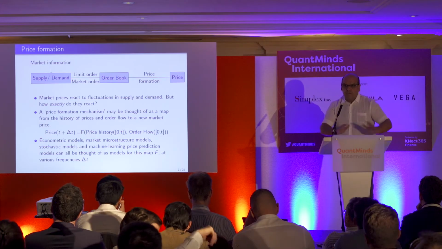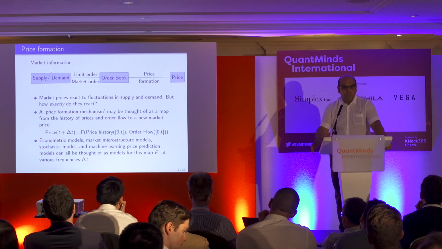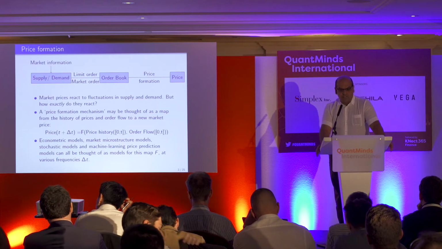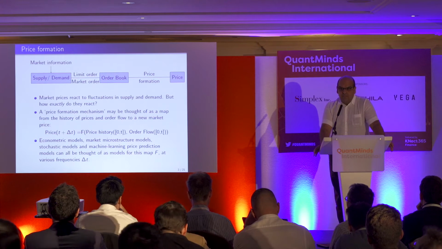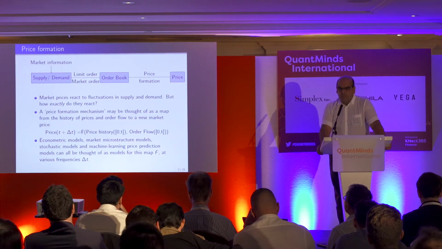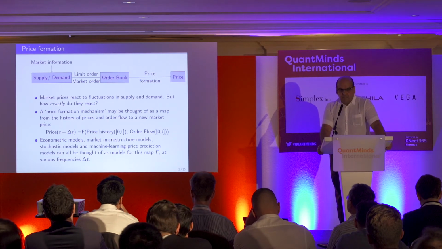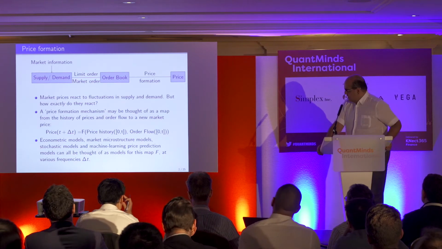Suppose that you know the limit order book, which is the supply and demand curve instantaneously in some market, and suppose you know the entire history of the limit order book up to that point. Can you predict something interesting about the next price move? That's the simplest question that you could ask in terms of price formation. Intuitively, yes. Intuitively, all this information should help you do a good prediction, but it appears extremely difficult to get a quantitatively satisfactory answer to this.